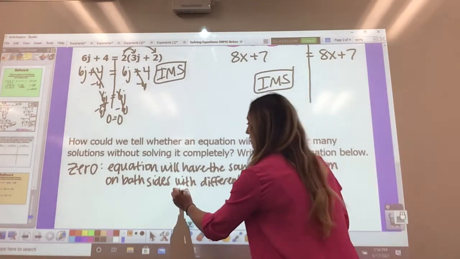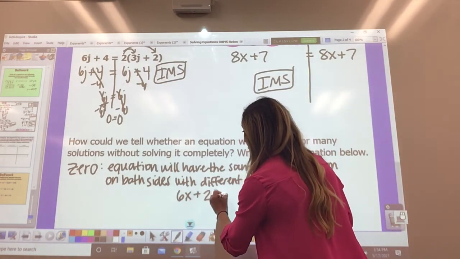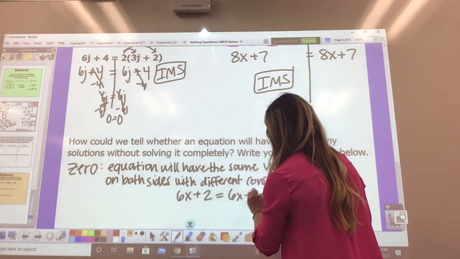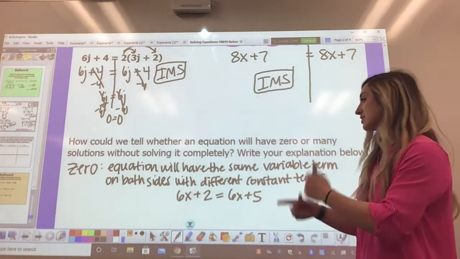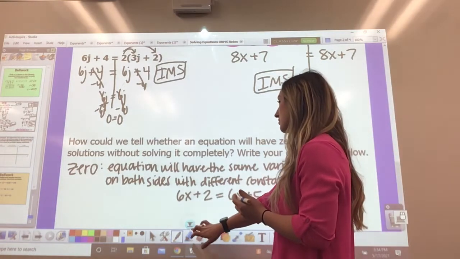So for example, 6x plus 2 equals 6x plus 5. Same variable term, different constants, that's going to be no solution.